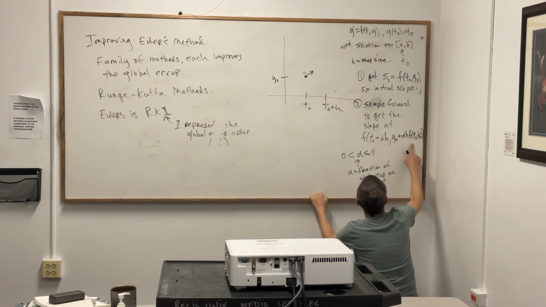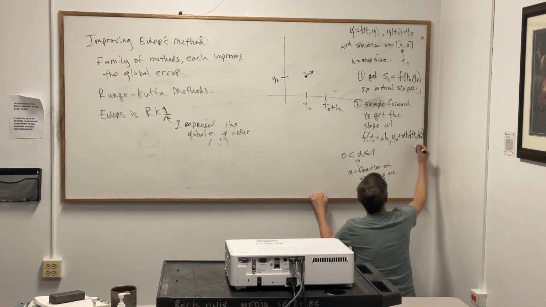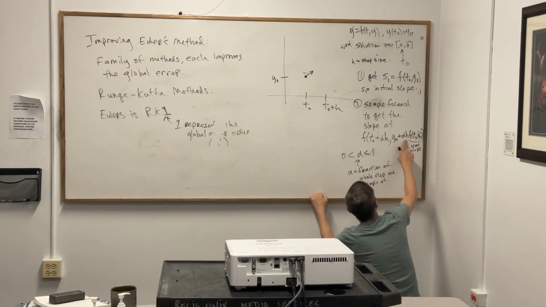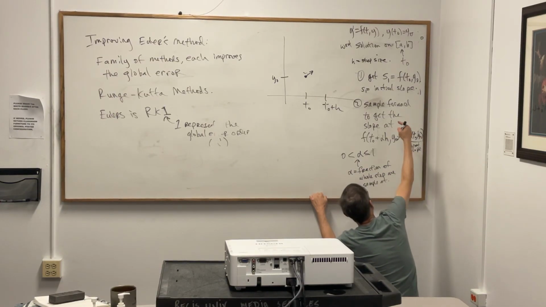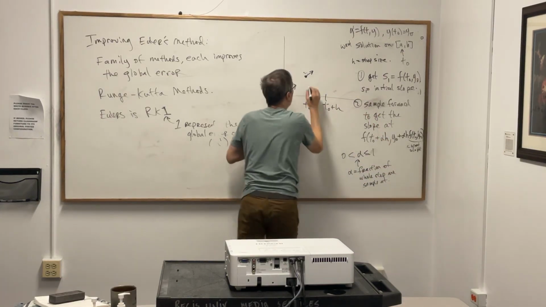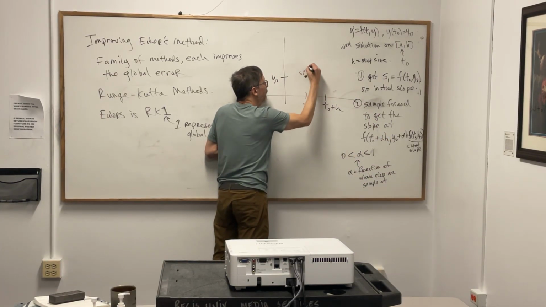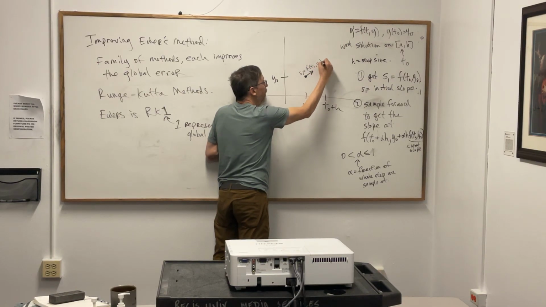So check this out. This is a little complicated looking because we've got these nested functions, but this just says this is the current slope, and I move forward a fraction of h upward as well as the fraction of h over. So what I'm going to do is move this way, and this S1 is equal to f at t naught y naught.